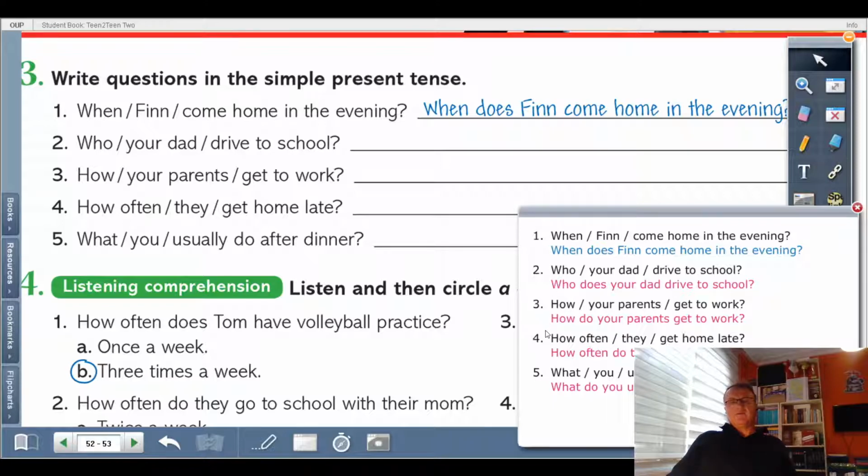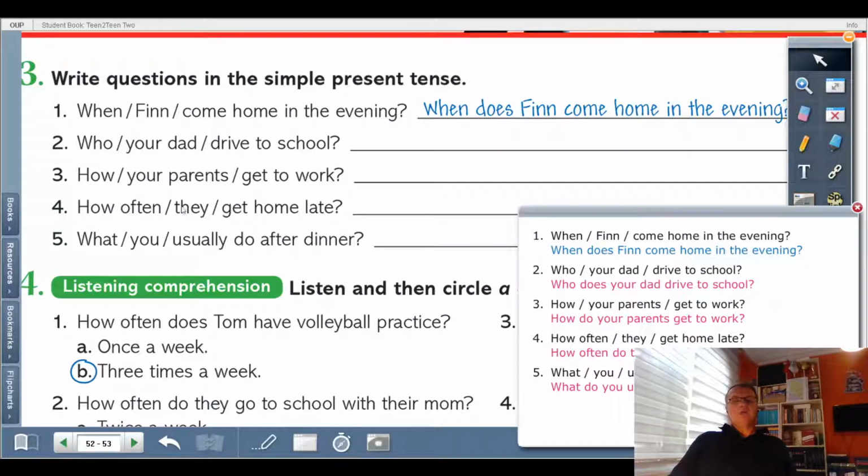3, how do, because your parents must be two or three or four, grandparents and others, I mean, at least 2 people. So we use do. How do your parents get to work? For how often, they means plural, so we use do again.